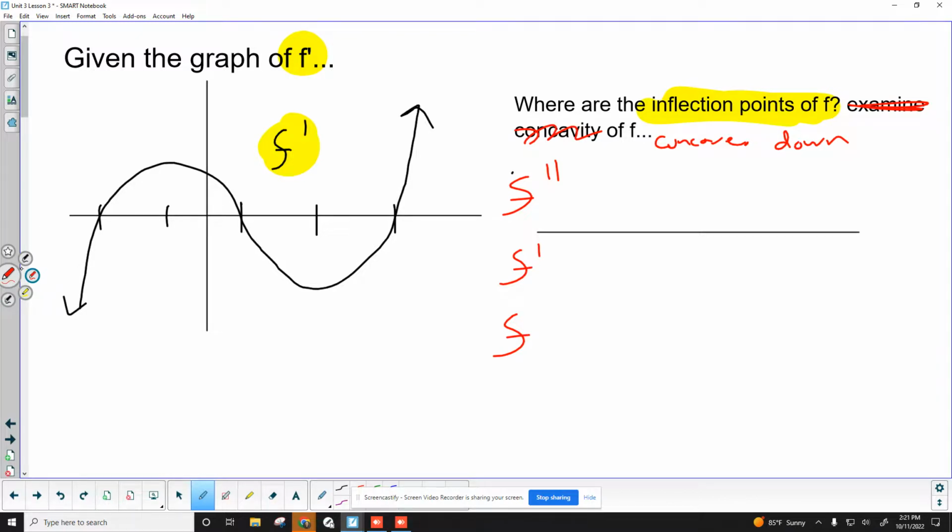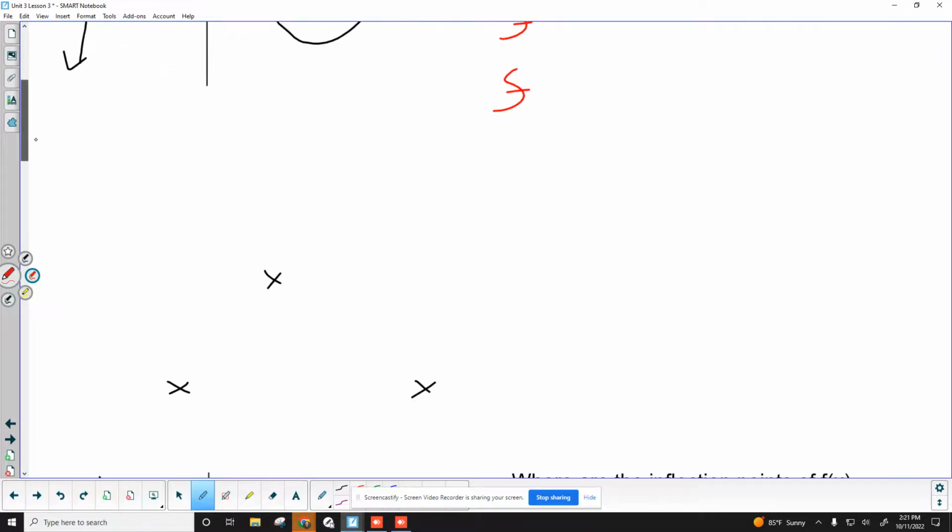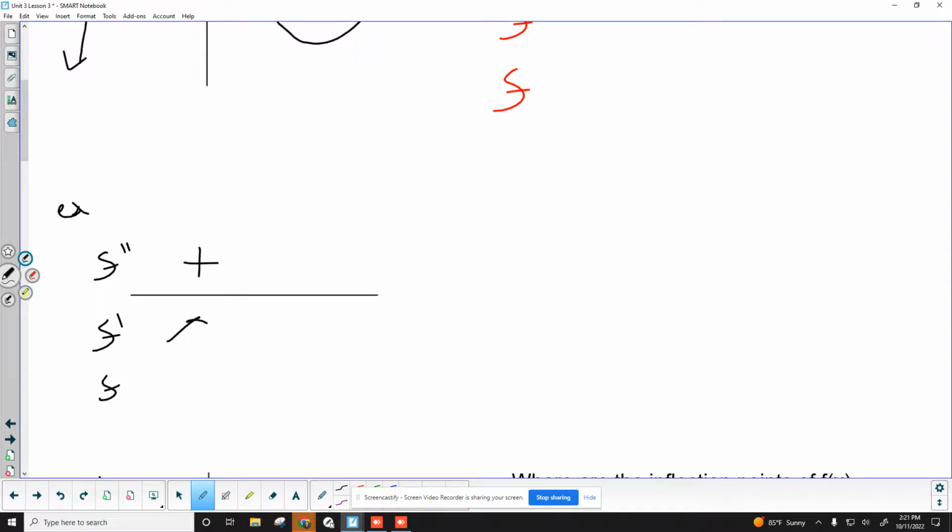Well, the way that the chart works, and I'm just going to throw this down here just as a quick little chart example. This is not for this question, but just like an example. If F double prime is positive, F prime is increasing, F is concave up, right? It goes the same way the other way.